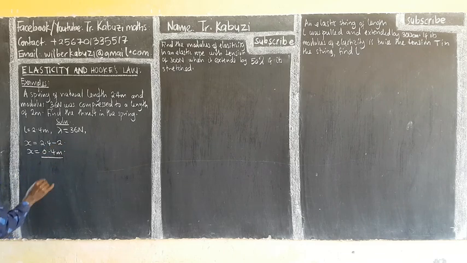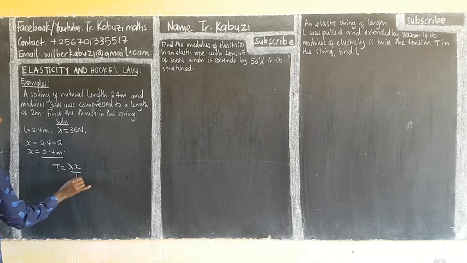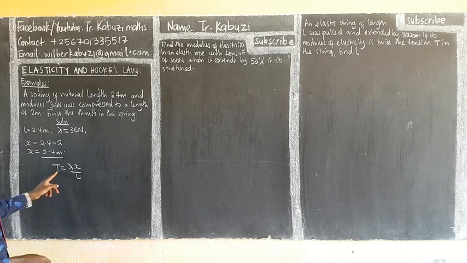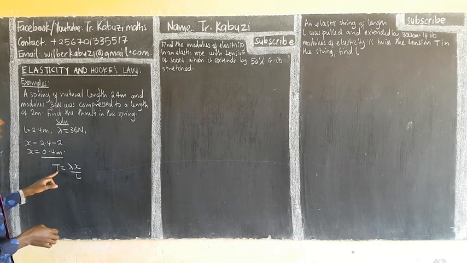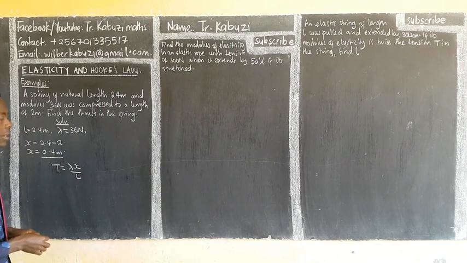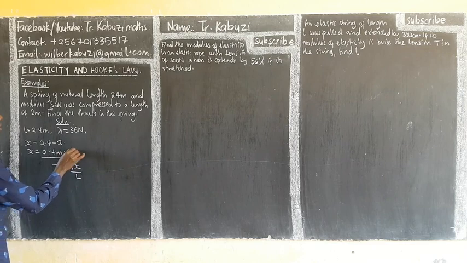So using our formula, T is equal to lambda x over L. This is the thrust we want. We said if there is compression, this is thrust, and this is what we call compression.